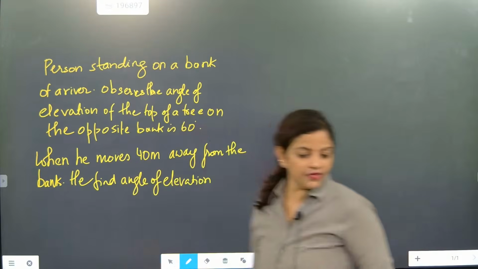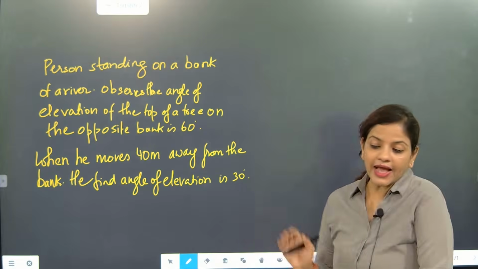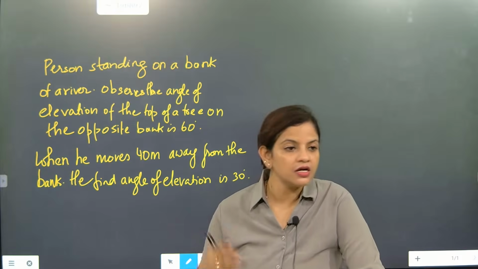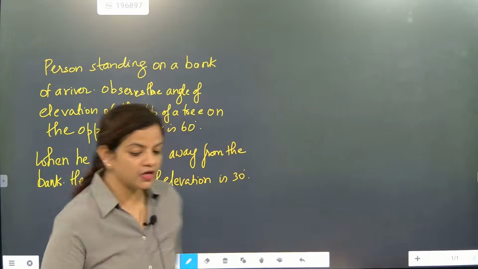What is the angle of elevation he is finding? It is 30 degree. Now the angle of elevation changes to what degree, beta? 30 degree. Find the height of the tree and the width of the river.